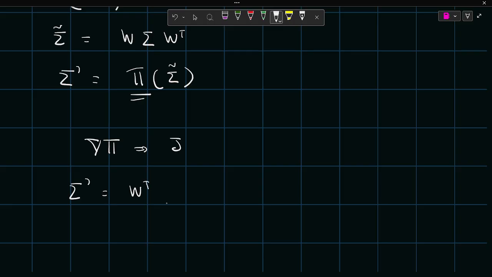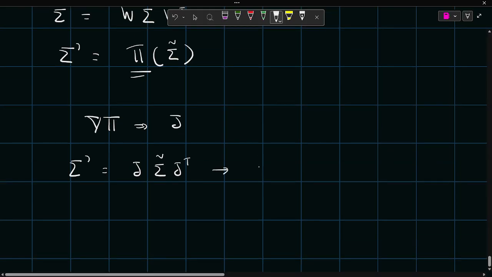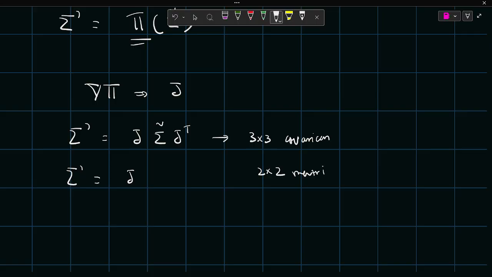So now we take the Jacobian of this, and this will give us a 3 cross 3 covariance. This is basically in 2D, so we get rid of the third row and last column. So we get a 2 cross 2 matrix.